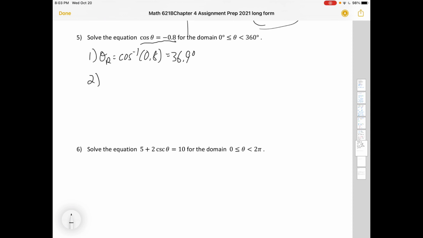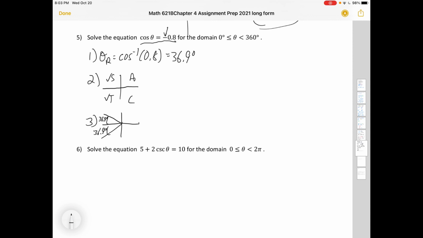That's the only difference between the equations without a calculator and with a calculator. So here, I mean, you don't even really need to know the unit circle. We're going to choose ourselves some quadrants. So where is cosine negative? Okay, that's what we're looking at. It's negative over here and here. So let me draw this. 36.9 degrees and 36.9 degrees.